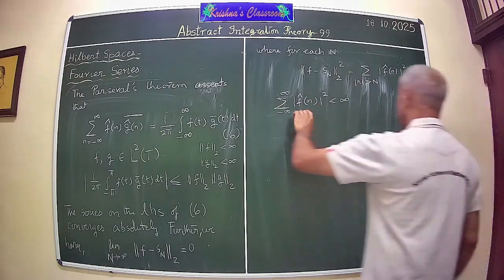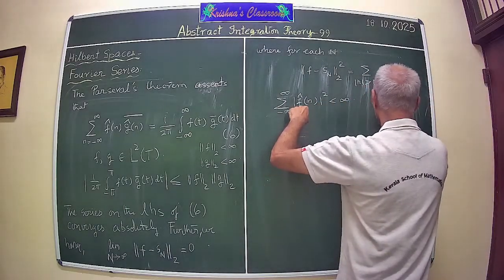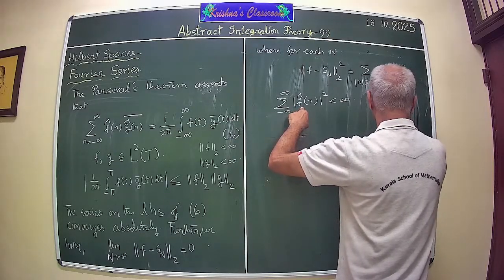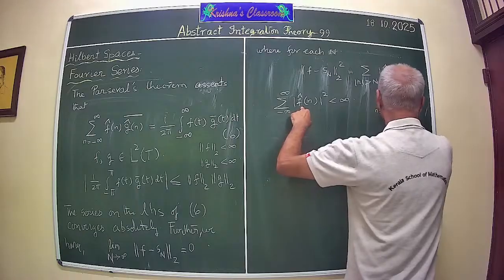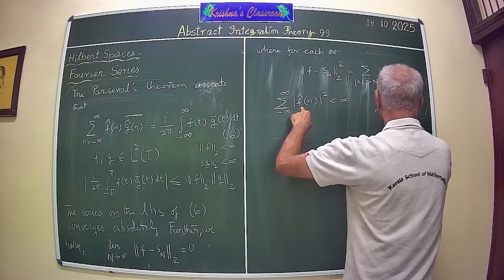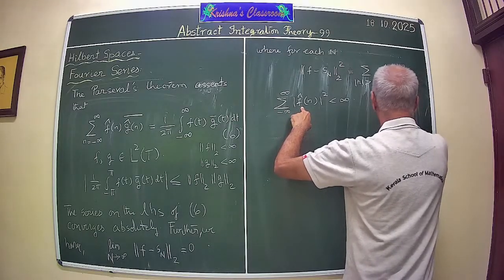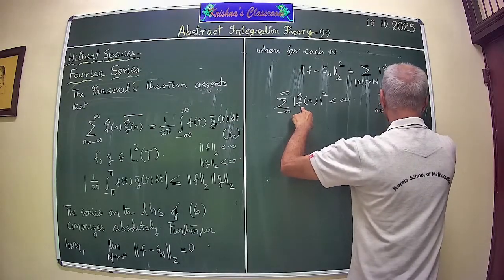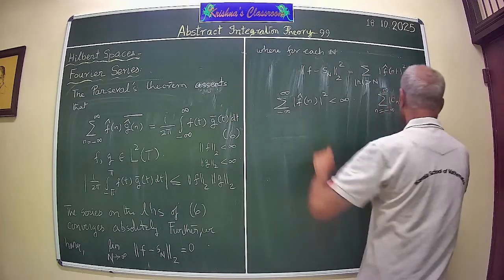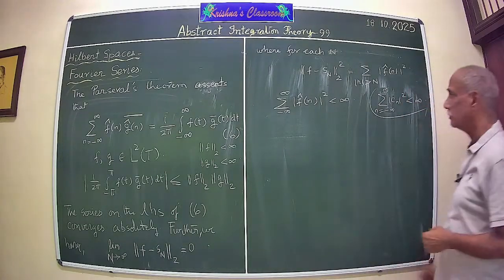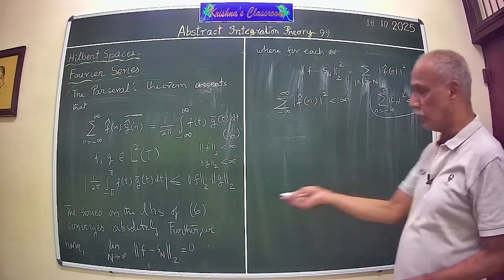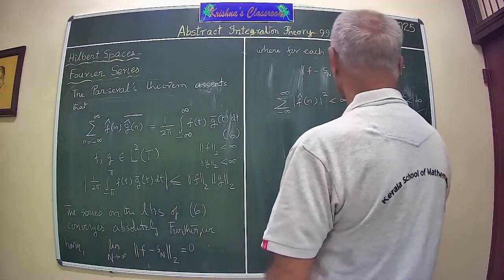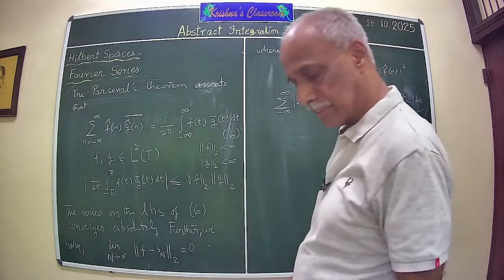And recall that we have chosen Cn such that the sum of Cn squared is finite. And the Cn's turn out to be simply your f hat of n in this case.